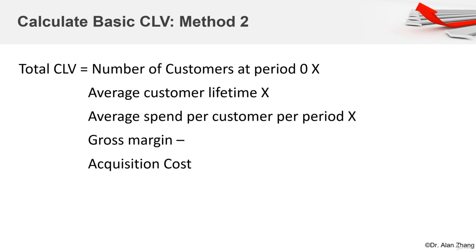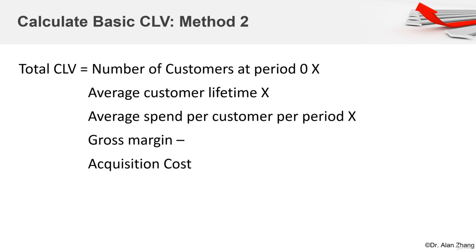As you can see, method 2 is much cleaner than method 1. There are fewer words in this slide than the previous slide. Method 2 only asks you to plug in a couple of numbers into this equation to get total CLV, while method 1 requires you to calculate CLV for each period until all customers are gone.